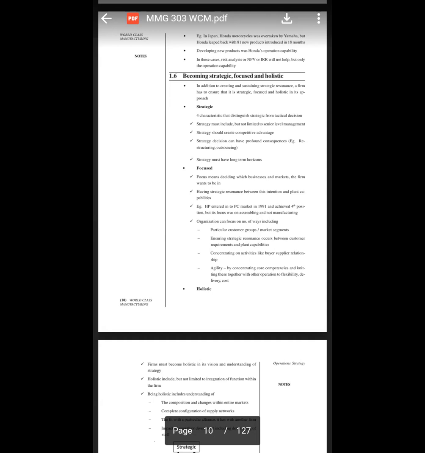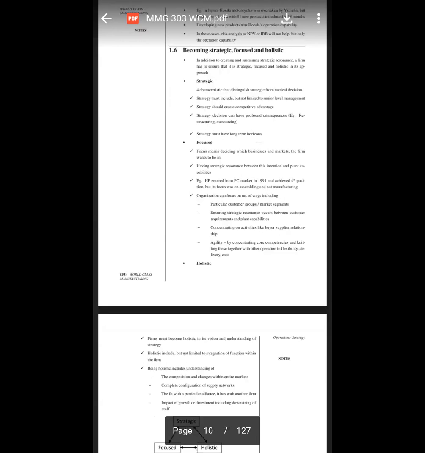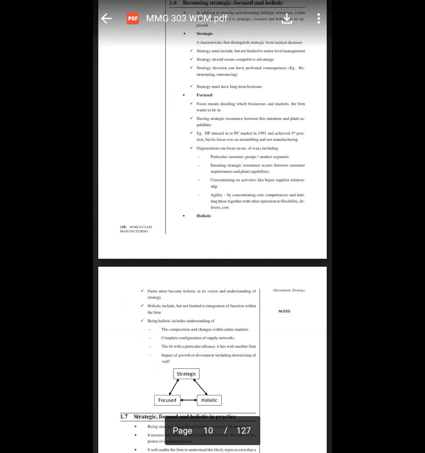Yes, definitely HP is giving more focus on assembling, not manufacturing. An organization can focus in a number of ways, including particular customer groups and market segments, ensuring strategic response occurs between customer requirement and plant capacities, concentrating on activities like the buyer seller relationship. Now this focus is very much important, the buyer seller relationship.